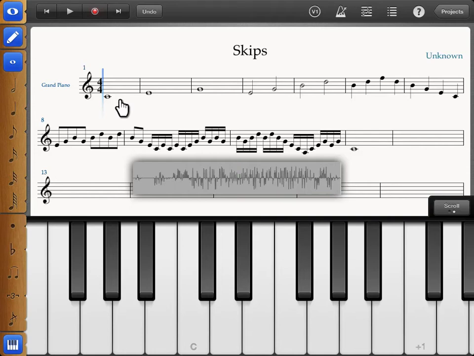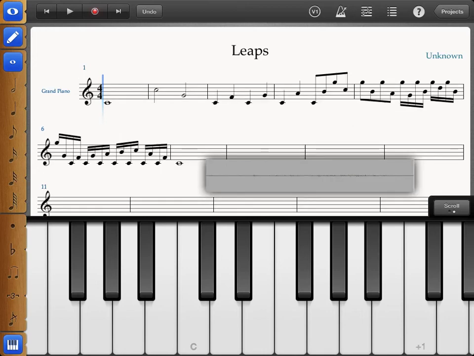Here's an example of what skips sound like. And last, here's our leaps.